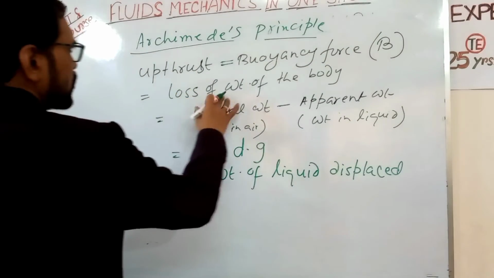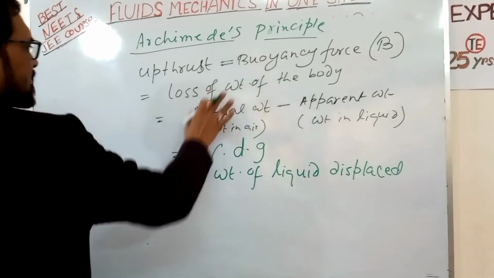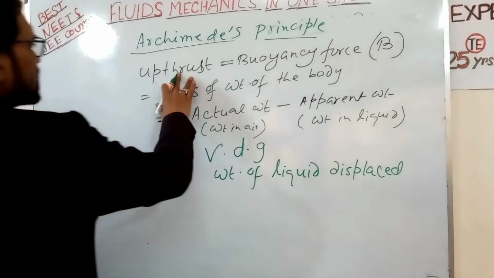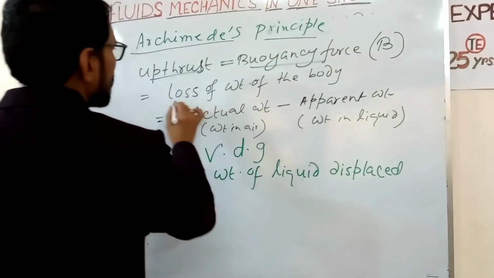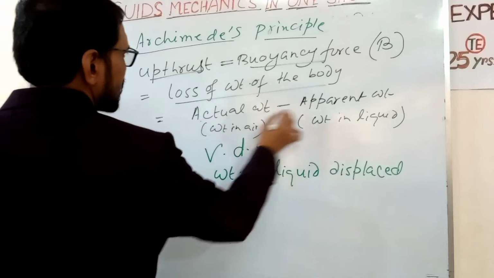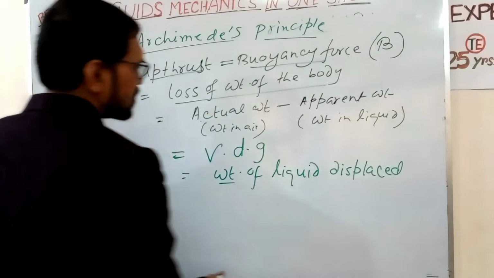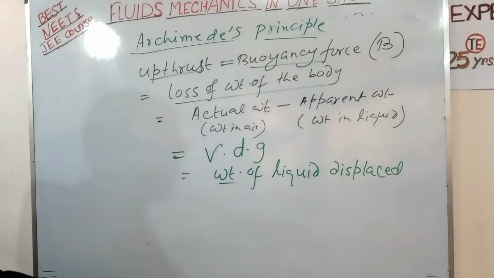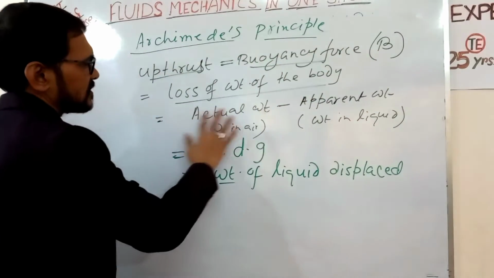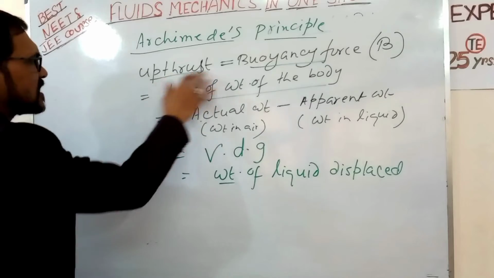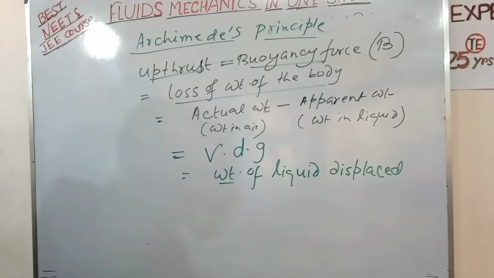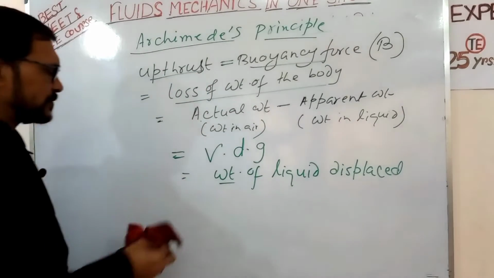This is loss of weight of the body. All the things are same. All these terms, upthrust, buoyancy force, loss of weight of the body equal to actual weight minus apparent weight, are equal to VdG. VdG means weight of liquid displaced. So you have to remember this relation, all the terms are same.